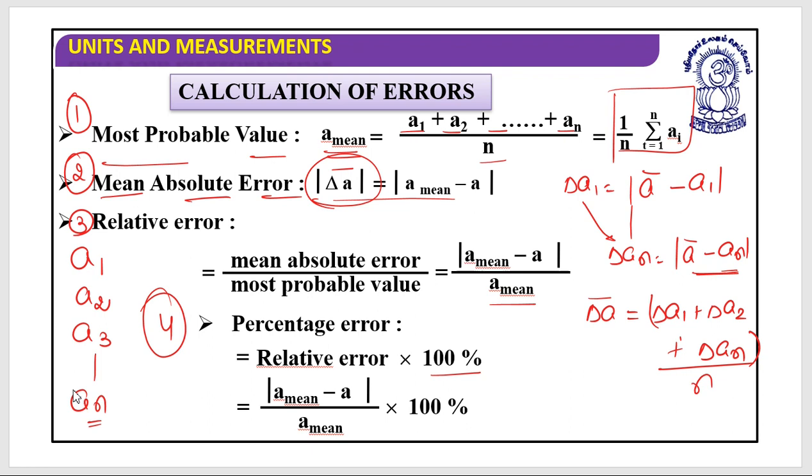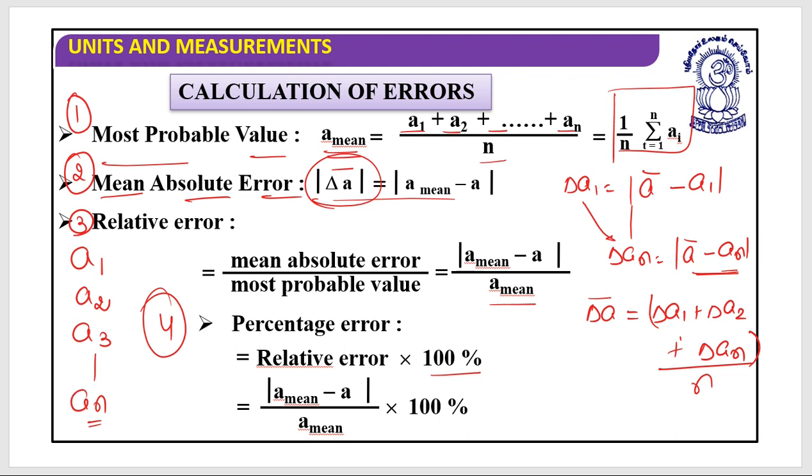Next, I need to find the percentage error, which is just the ratio of the mean absolute error to the most probable value multiplied by 100. Or rather, find the relative error and multiply it by 100. That will give you the percentage error. I hope these things are clear.